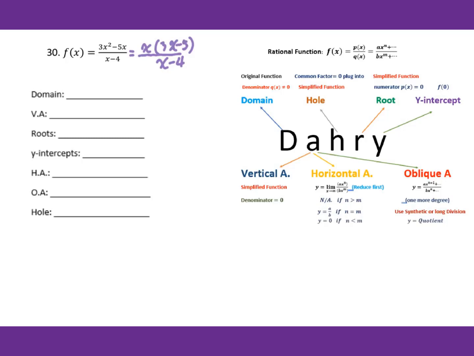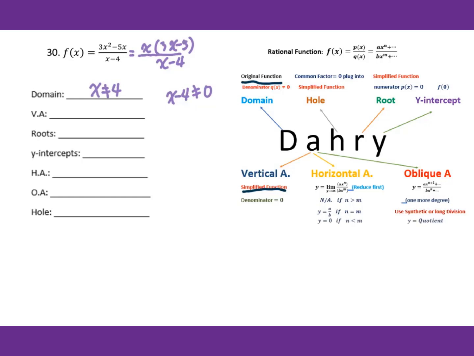For domain, since there is no common factor for this rational function, the original function equals the simplified function. For domain, we just make the denominator not equal to 0. So x minus 4 not equal to 0. You will get x not equal to 4.